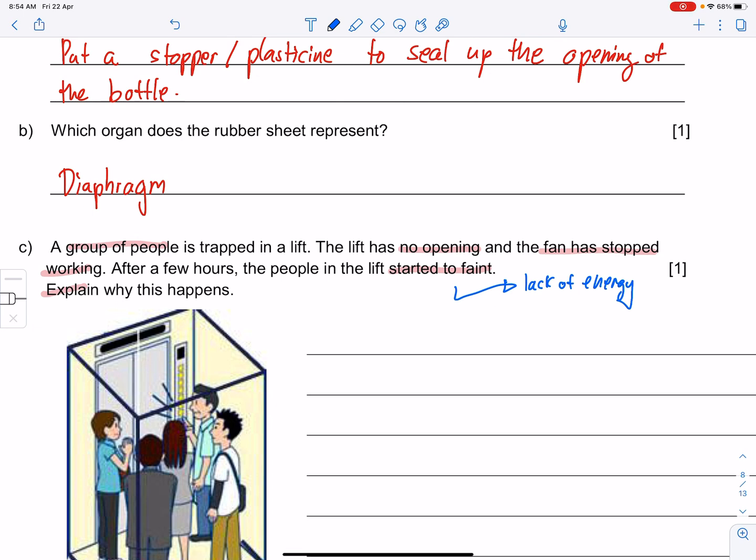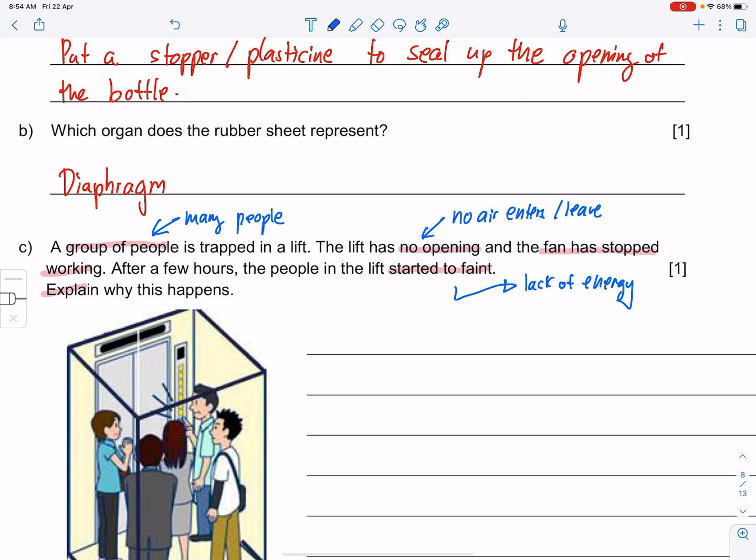So when you have a lack of energy, your muscles stop working, your brain stops working, you will lose consciousness. No opening tells you that the air composition cannot change. No air enters or leaves.